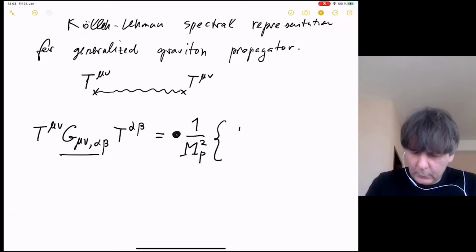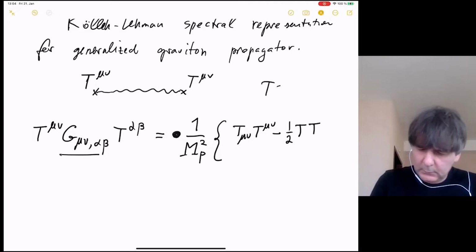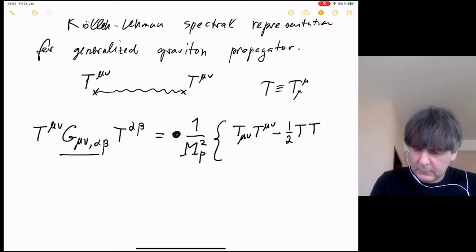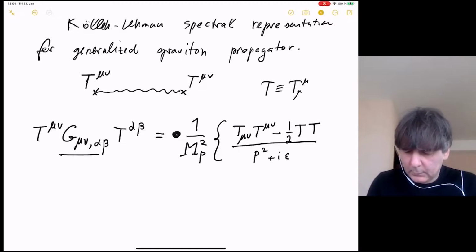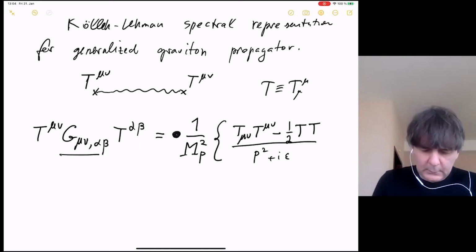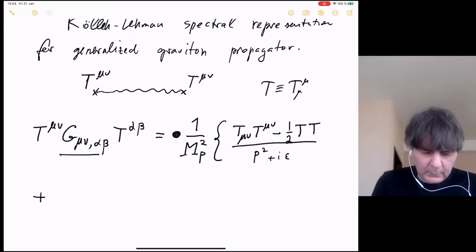So we have the Einsteinian massless graviton that gives a tensorial structure of this sort, T T, where T is the trace of the energy momentum tensor. So this is 1 over p squared plus i epsilon, let's say I use the Feynman propagator, for example.